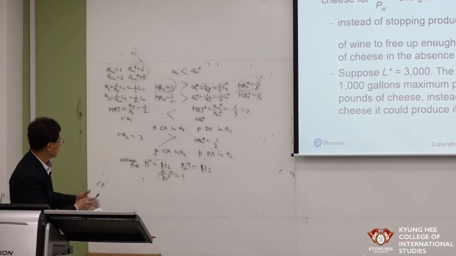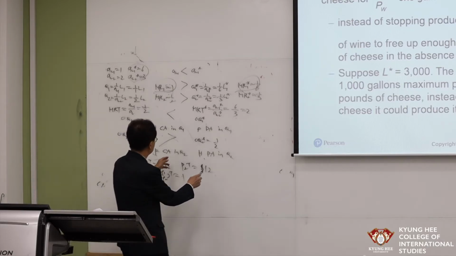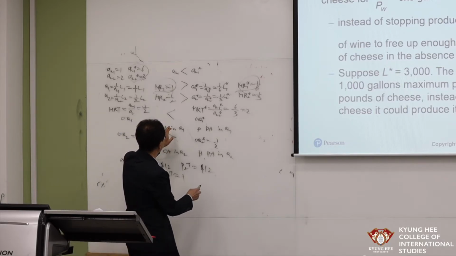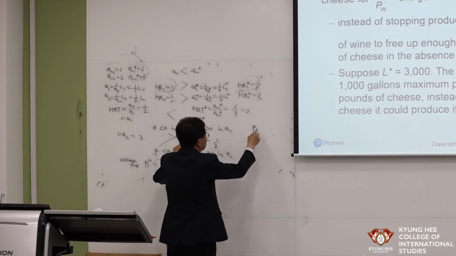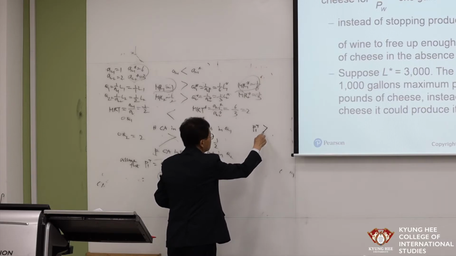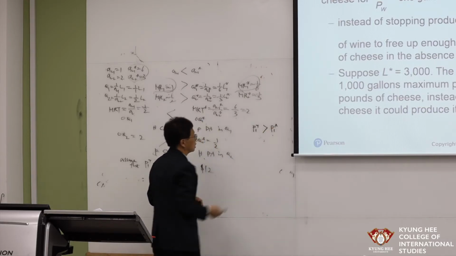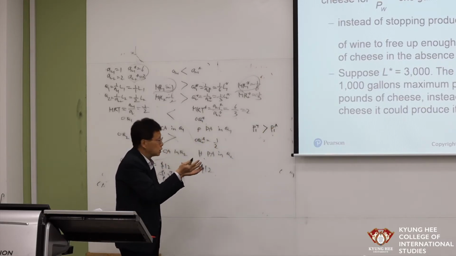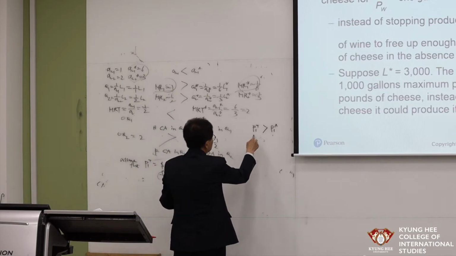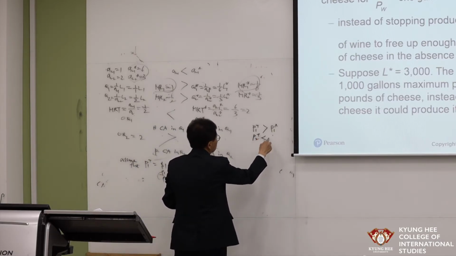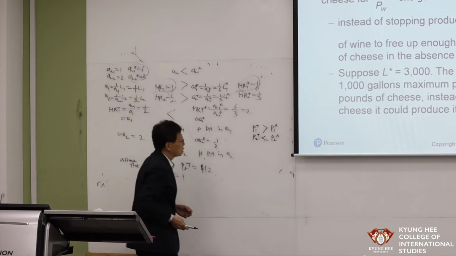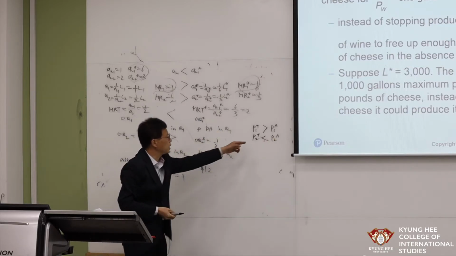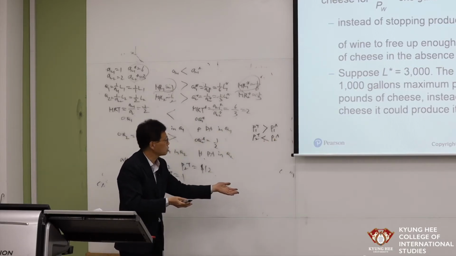So simply talking, after trade, the home country has comparative advantage in Q1. So after trade, the price of P1 increases. In other words, P1T is greater than P1 autarky. So the price of udon increases, right? Similarly, P2T is smaller than P2A. The comparative disadvantage good's price decreases after trade compared to the autarky level.